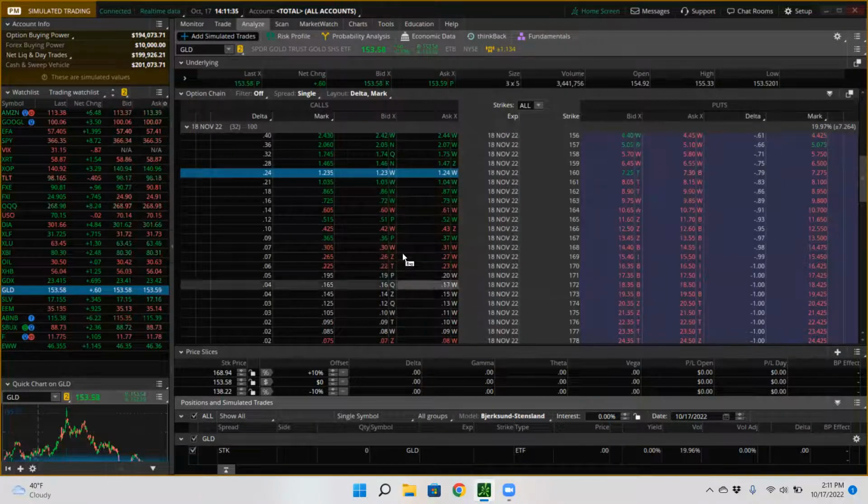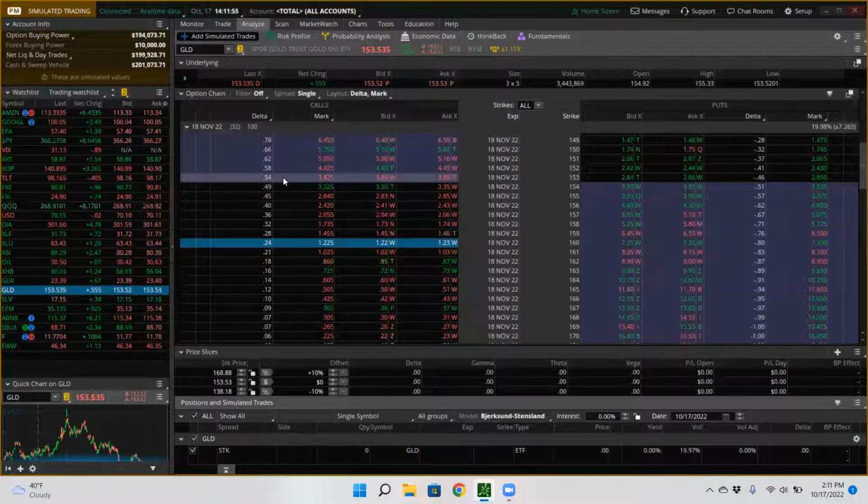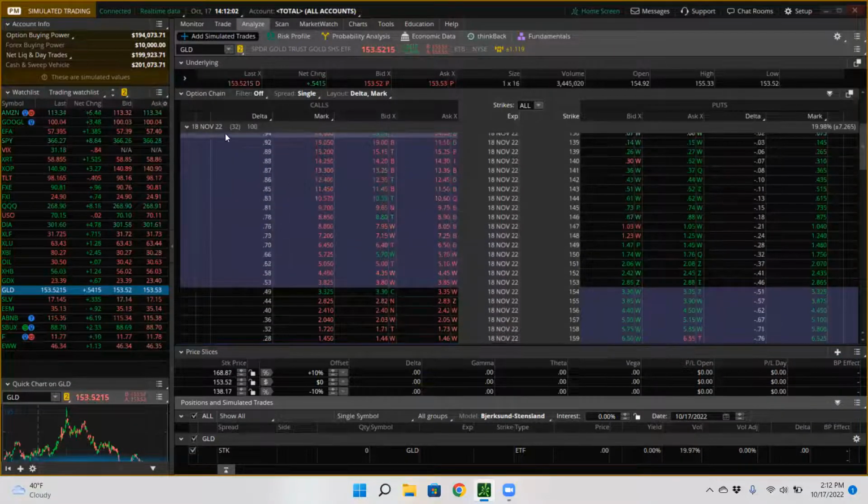So looking at the 50 delta or 49 delta, you can see that right at the money here, there's a 50-50 chance that it's going to end here at expiration. So it's basically a coin toss. There's a 50% chance or 49% chance that this thing is going to either flip back and forth between the 153 and 154.